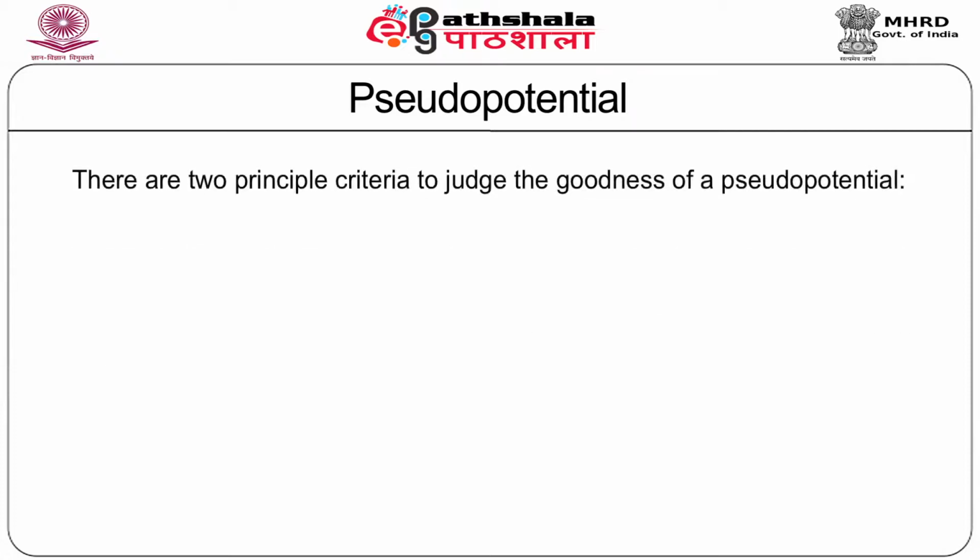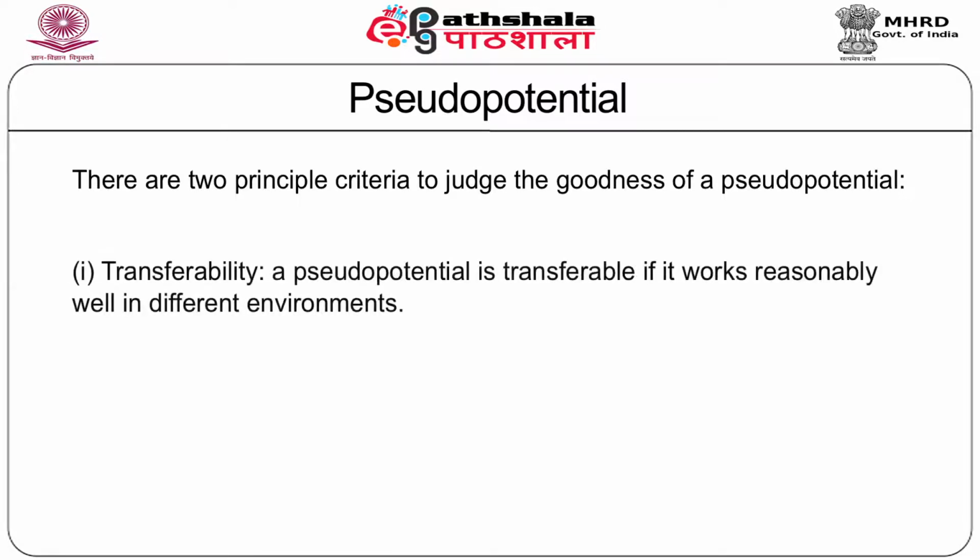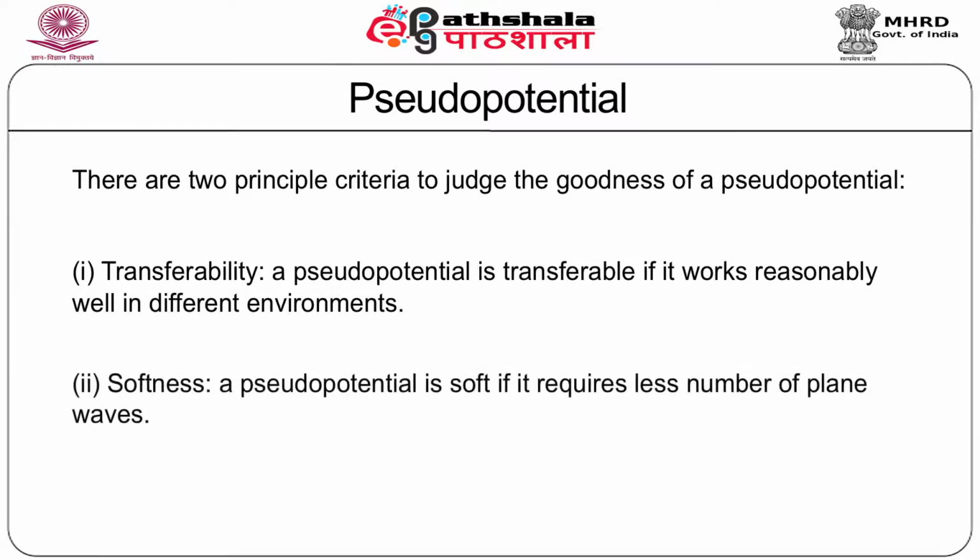There are two principal criteria to judge the goodness of a pseudopotential. One is the transferability. A pseudopotential is transferable if it works reasonably well in different environments. And another is the softness. A pseudopotential is soft if it requires fewer plane waves.